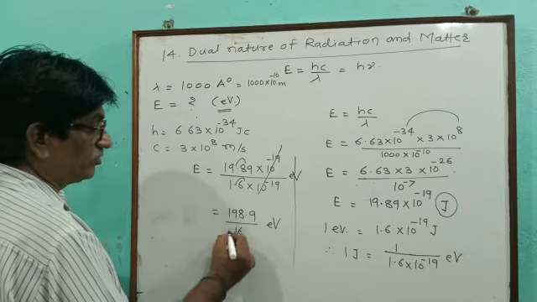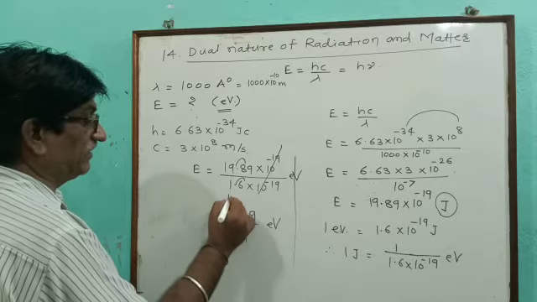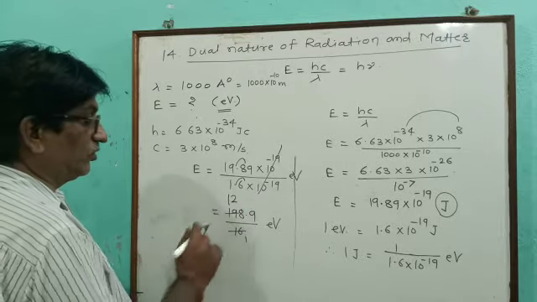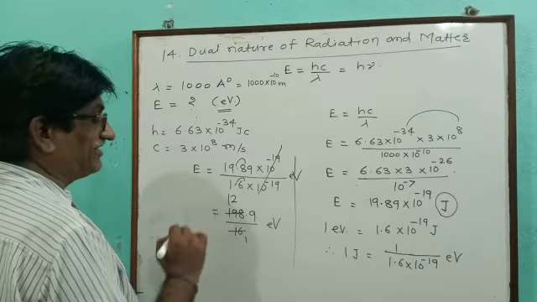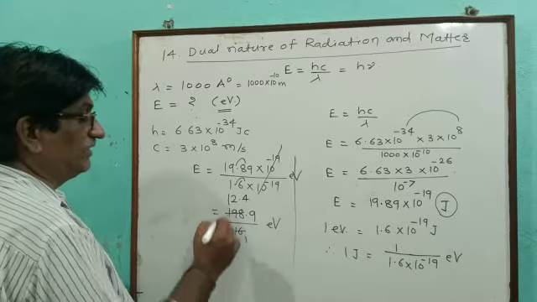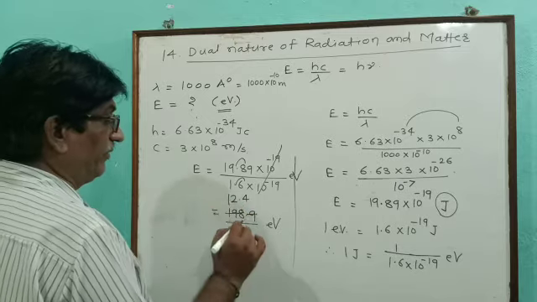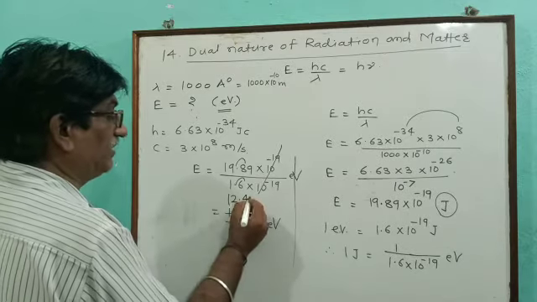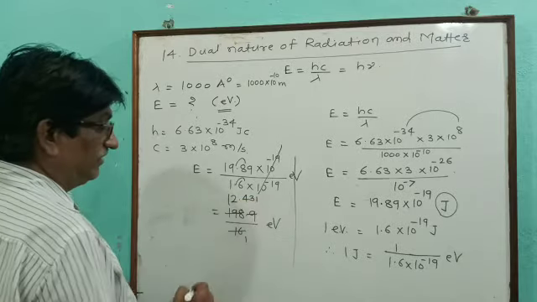Electron volt. So 16 1 the 16, 16 1 the 16, 3 is remaining, 38 is there, 16 2 the 32, 6 is remaining, that is 69 point, 16 4 the 64, 5 is remaining, 50, 16 3 the 48, 2 is remaining, 20, 16 1 the 16.